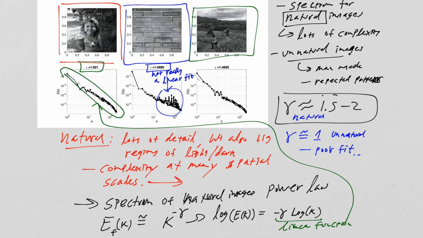So there's lots of what I would call coarse-grained, large-scale spatial structures. And then there are also places on the image where there's lots and lots of detail. And that kind of thing, again, is going to fit better by a line. And here you get a gamma of about 1.48. Okay, so that's just another example of this phenomenon.